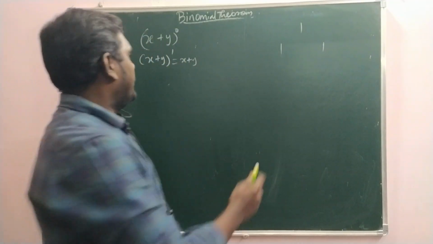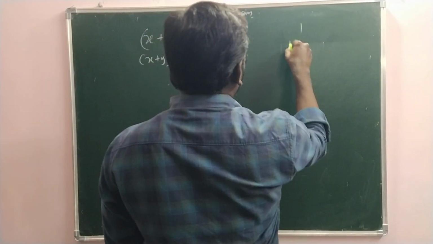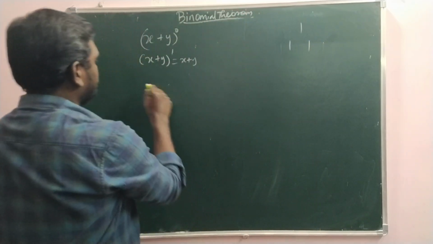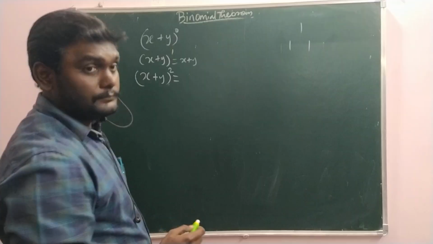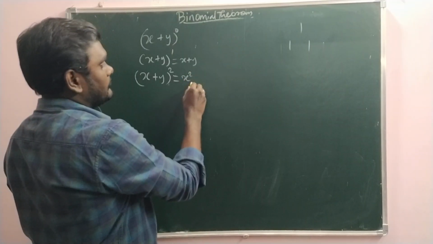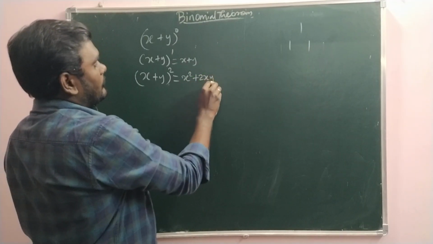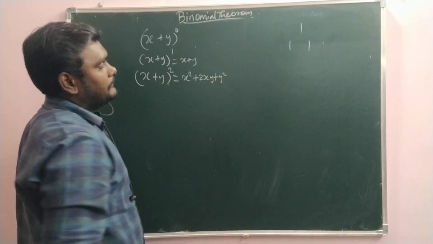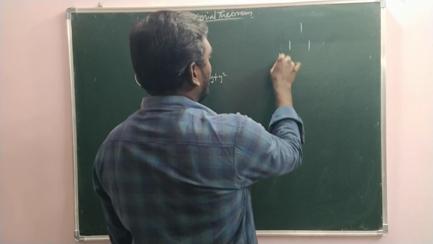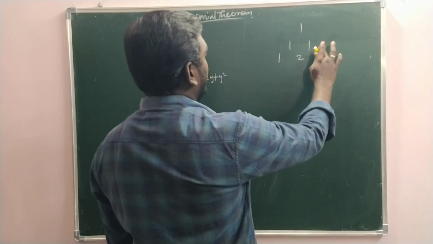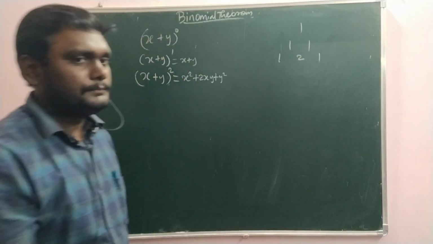Okay. And x plus y whole square. We got x square plus 2xy plus y square. Now you just write the coefficients. That is 1, 2, 1. Okay.